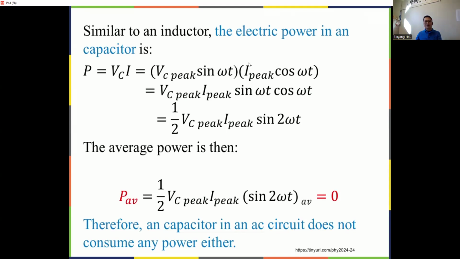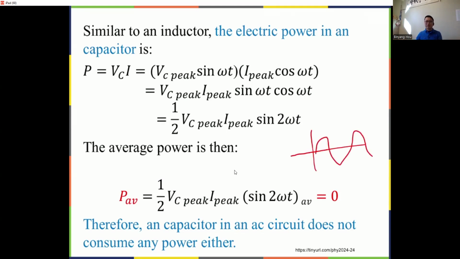Again, the two constants, V peak and I peak, can come out first, and then sine omega t cosine omega t will be 1/2 of sine 2 omega t, just as we saw earlier for the inductor. If you take the average of power, the average of a sine function, half of the time is positive and half of the time is negative, so the average value will be 0.